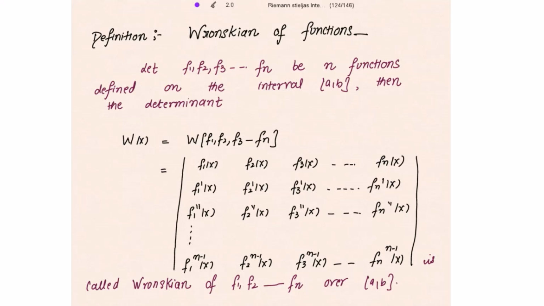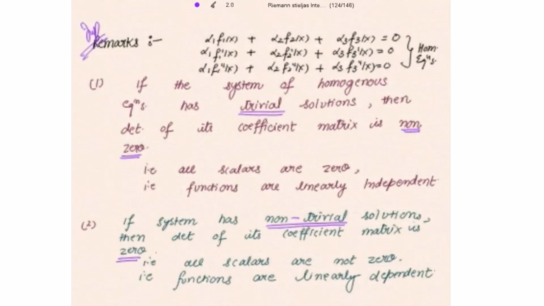Now, based on this Wronskian of functions, we will be doing some theorems, right? There is a remark. Suppose we have a number of homogeneous equations. Here it is listed as alpha1 f1(x) plus alpha2 f2(x) plus alpha3 f3(x) equal to 0, where there are 3 functions.